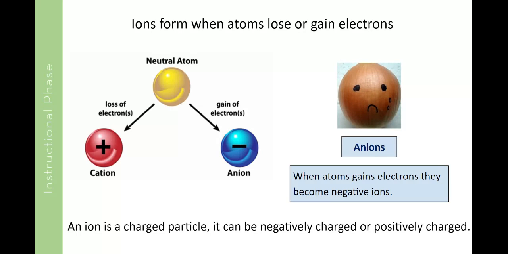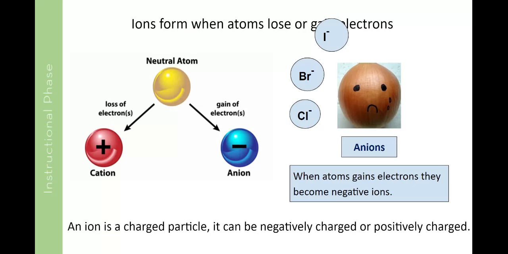Now, just to go through a few examples of anions. Chloride ion, Cl-. Bromide ion, Br-. Iodide ion, I-. Now, what you'll notice is that all of these ions form from group 7 elements.